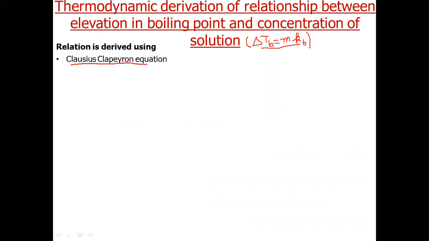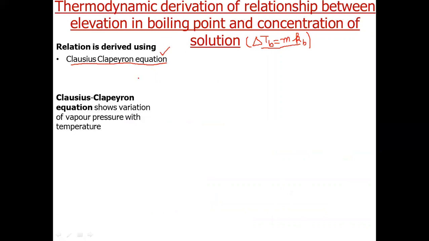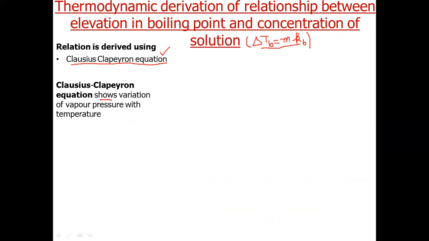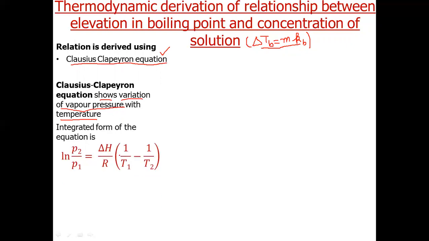the Clausius-Clapeyron equation, which is a very important relation. This equation is used to show the variation of vapor pressure with temperature, that is, how vapor pressure varies with temperature. It is a mathematical expression given by natural log of P2 divided by P1, where P2 and P1 are vapor pressures, equals delta H, the enthalpy of transformation.